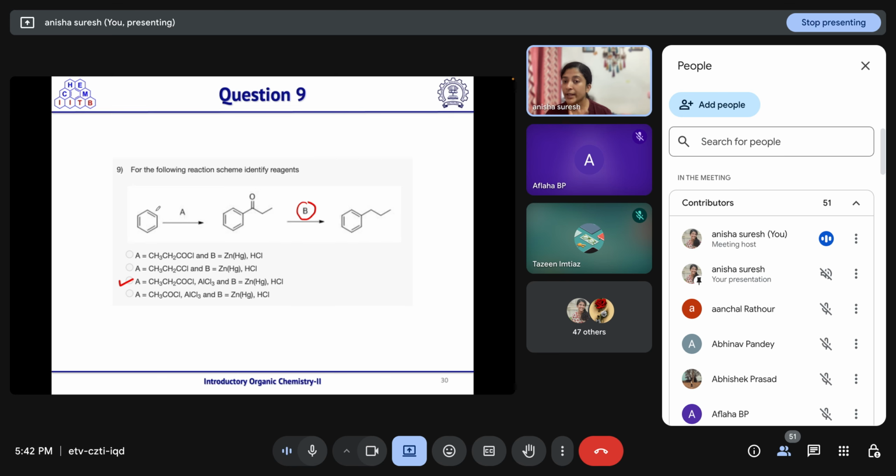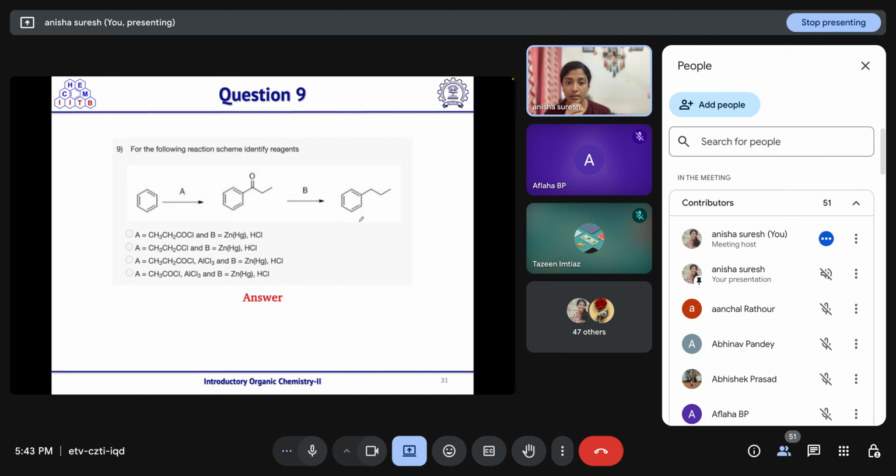The benzene will attack on that acylium ion, and deprotonation will result in the formation of this product. Now for reduction of this ketone, we can treat it with zinc amalgam in the presence of HCl, and that will selectively reduce this ketone and give this alkane. Okay, so we can see what is happening.